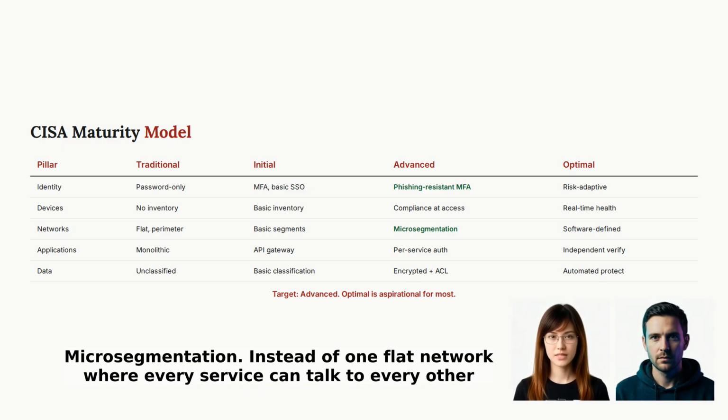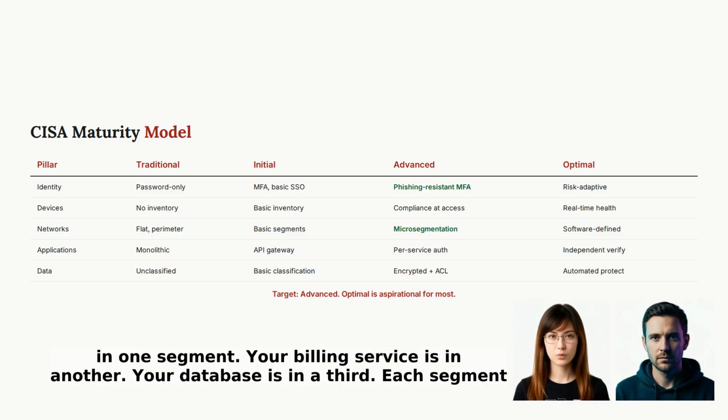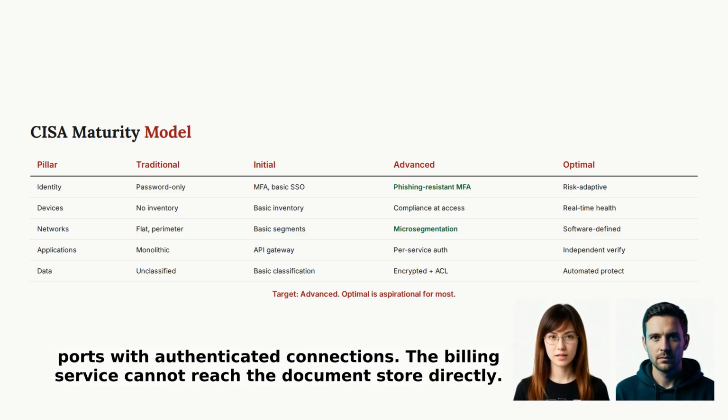Microsegmentation. Instead of one flat network where every service can talk to every other service, you divide your infrastructure into isolated zones. Your document storage service is in one segment. Your billing service is in another. Your database is in a third. Each segment has its own access controls. The document service can talk to the database, but only on specific ports with authenticated connections.